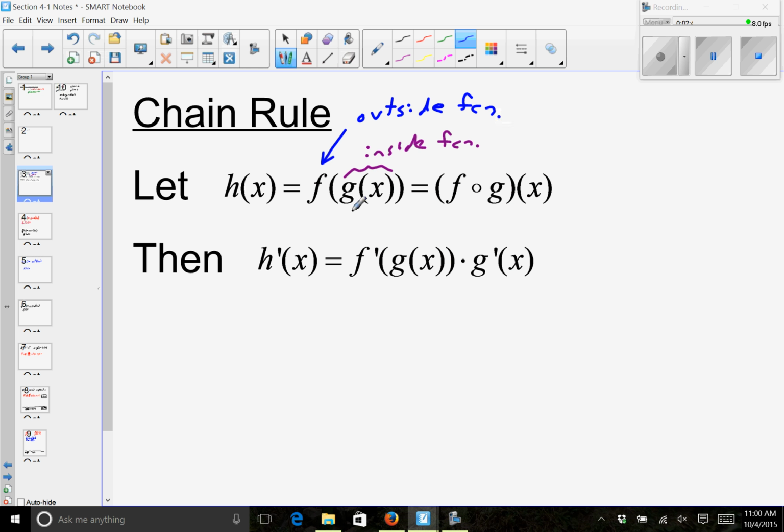And the idea of this is if I want to take the derivative of composition, this is the derivative of the outside, and then I'm going to multiply that by the derivative of the inside. So derivative of the outside times derivative of the inside. Now one thing to note is when I take the derivative of the outside, the inside of that isn't changing. That only changes when I do derivative of the inside at the end here.